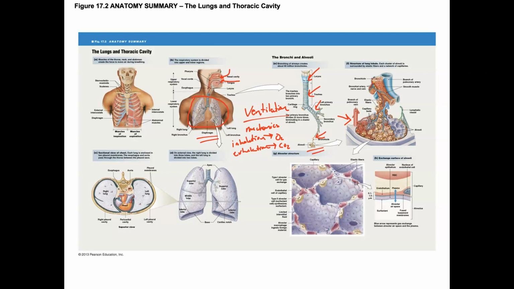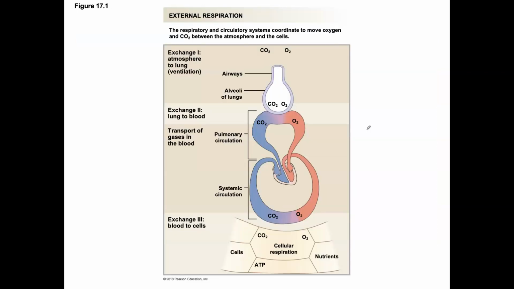Another important concept to look at when we talk about the respiratory system is the idea of external respiration. Once you have respiratory gases in the alveoli, obviously carbon dioxide is going to be leaving the respiratory system. But what about the oxygen that has come into the respiratory system?